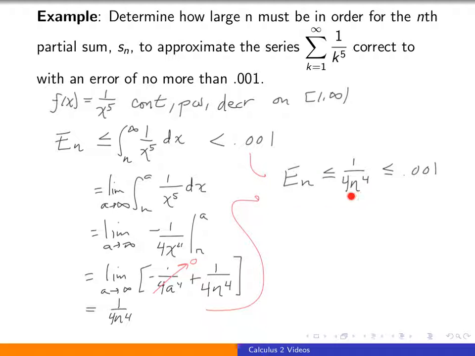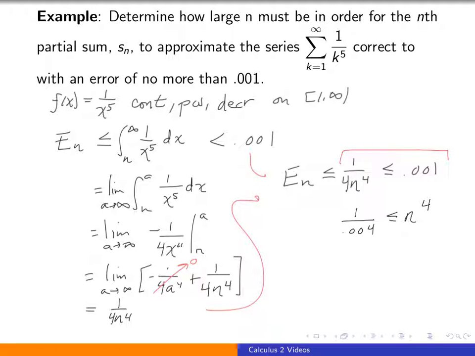And we now see that we have an equation involving n that we can work with. So if we focus in on this rightmost inequality, what we can do is multiply both sides by 4n to the fourth and divide both sides by 0.001. So if we do that, we would have 1 over 0.004 is less than or equal to n to the fourth.